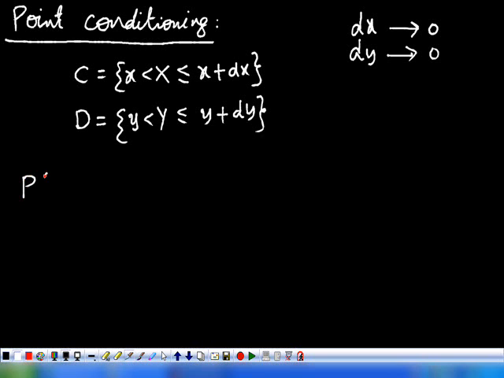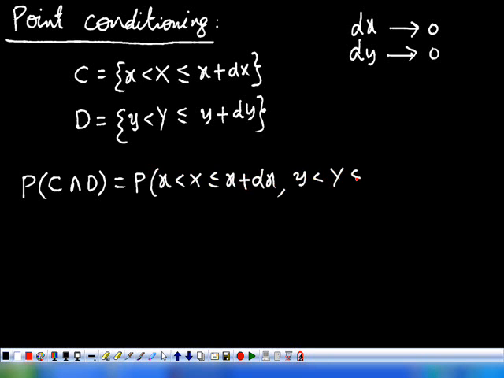Here consider the probability of x lying between x and x plus dx and y lying between y and y plus dy. Follow?